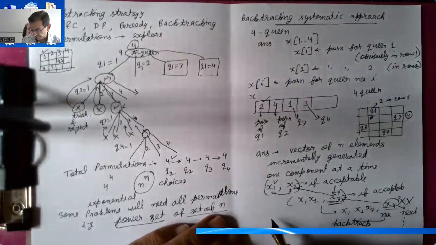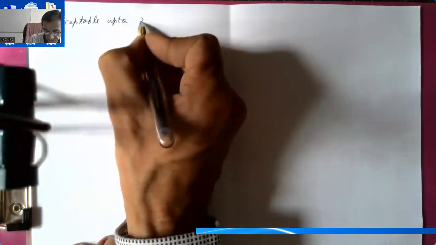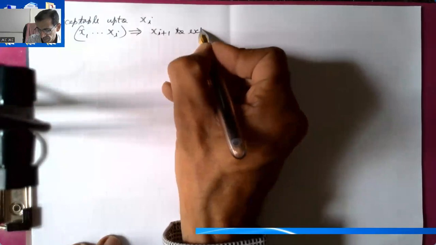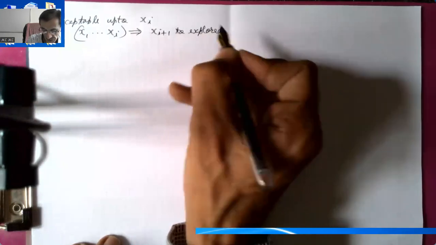So acceptable will mean go to the next step. Every time I have a simple logic: acceptable up to xi. So I have x1 to xi as a partial solution, which means xi plus 1 is to be explored for a higher solution.